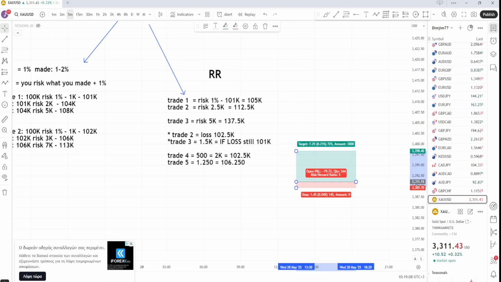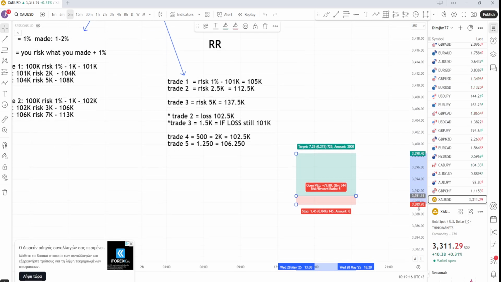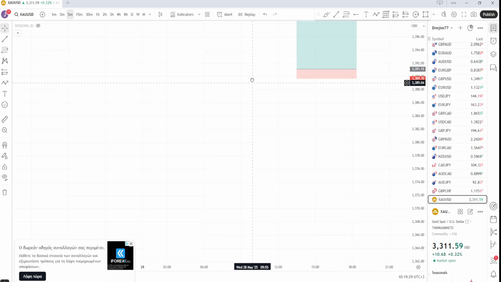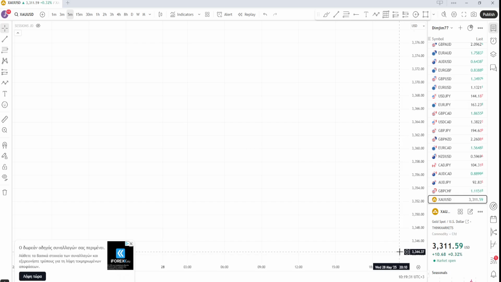You see, from 391 point whatever to 3,398. This is more reliable. Why? Because there are many candles that are 5, 50, 60, 70 pips, 100 pips.